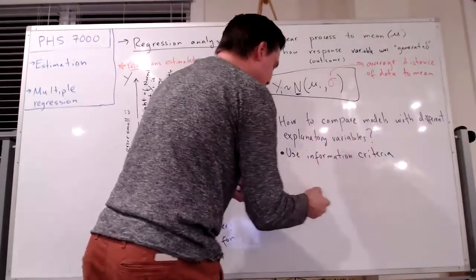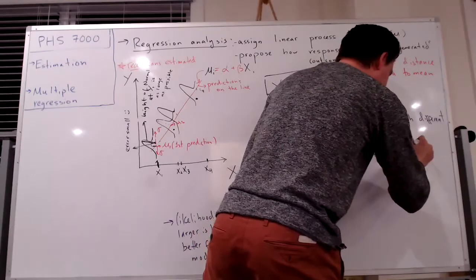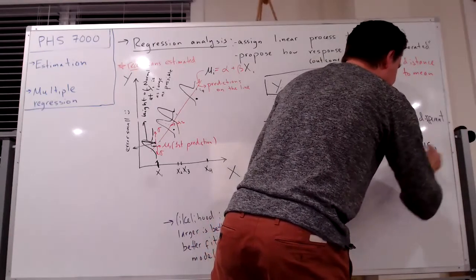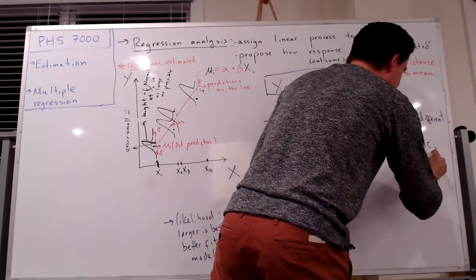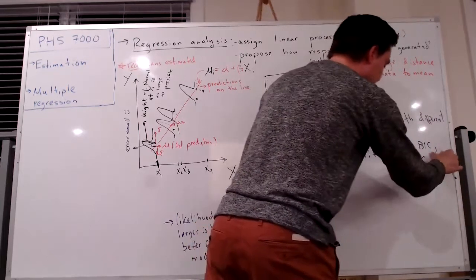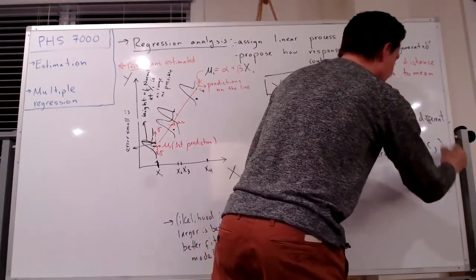These information criteria, there are many, and what I'm talking about is AIC, BIC, AICC, but there are many, many others.